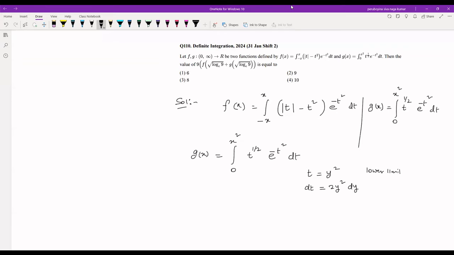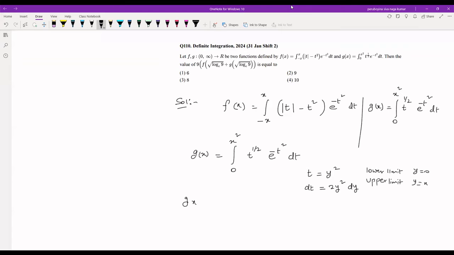So the lower limit is 0, and y is also 0. And the upper limit is x square, so t is x square, and y square equal to x square means y value will be x.